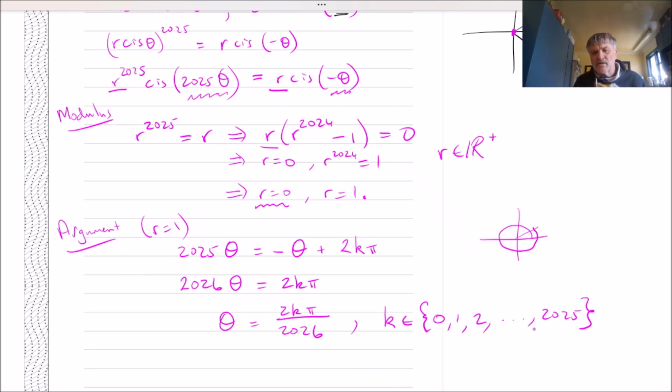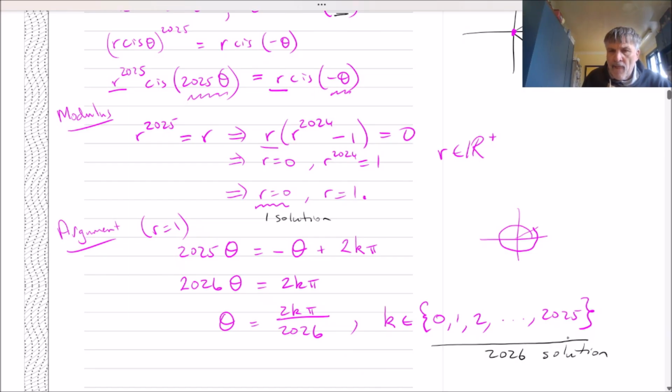You could use some negatives from negative 1013 up to 1012 or something, but they just need to be 2026 contiguous values. So here we've got 2026 solutions. Here we've got one solution.